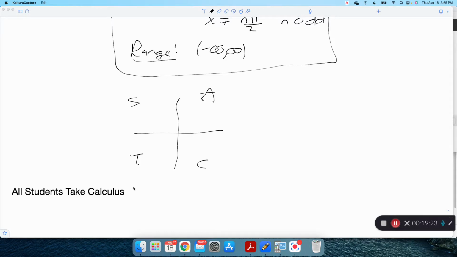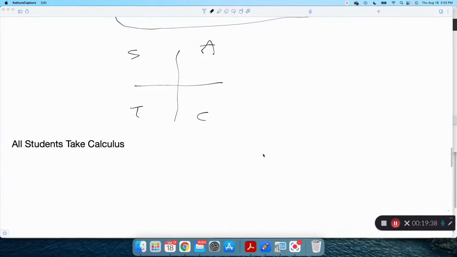Of the big three, we really only care about sine, cosine, and tangent. We'll get to secant, cosecant, and cotangent later, but they're easy once we get the big three down. ASTC tells you who's positive in each quadrant. So in quadrant 1, all of them are positive. All three: sine, cosine, tangent.